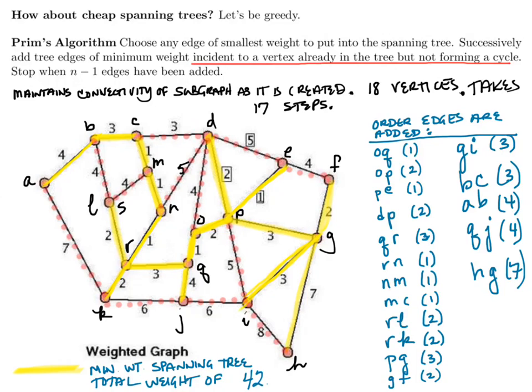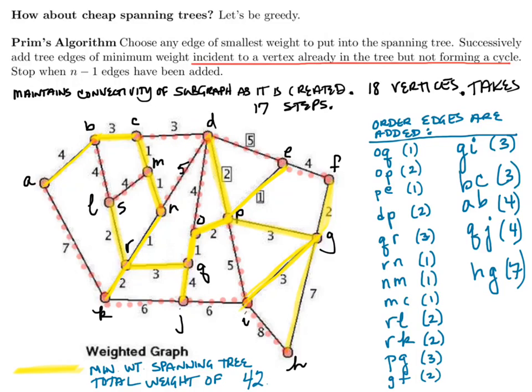I chose PG of weight 3, followed by GF of weight 2, followed by GI of weight 3, BC of weight 3, and then after that, all the weight 3s have either been processed or create a cycle, and we can look at the weight 4s. Lots of those create cycles, but there are a couple we can add, AB and QJ.